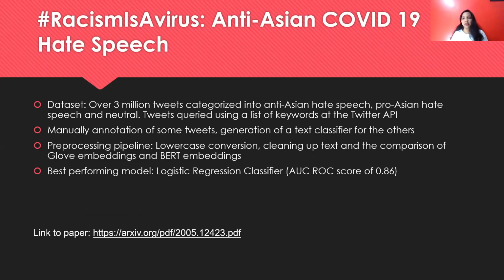So they ended up randomly subsampling some part of the data set and manually annotating some part of that subset. And then they generated a text classifier to annotate the others. This is a common practice we see, especially when we are dealing with large scale data sets, because manual annotation takes a lot of time and it's simply not feasible most of the time.